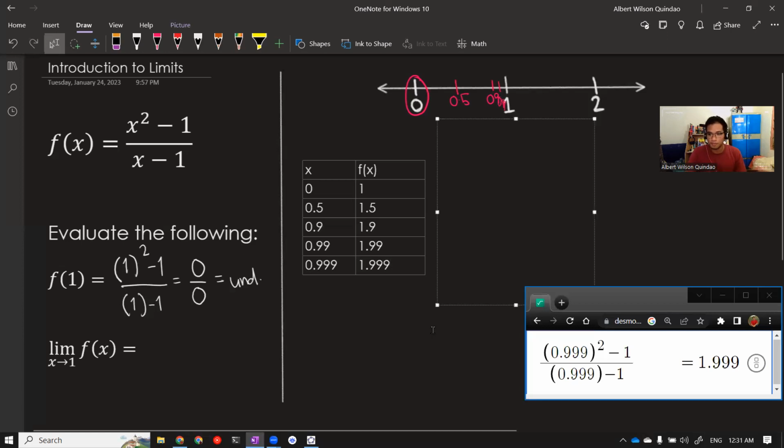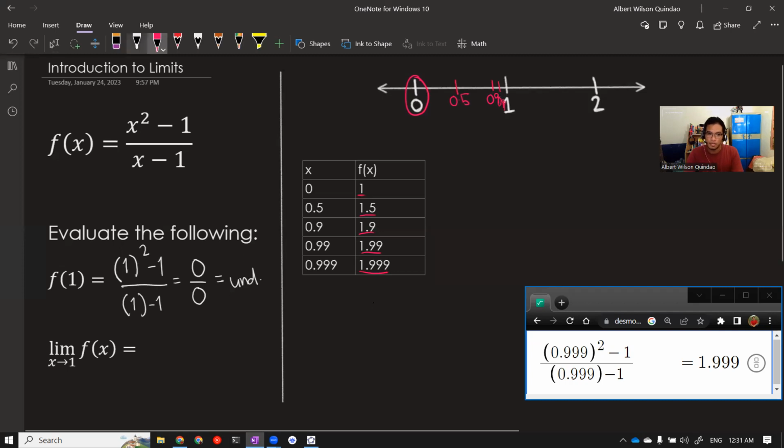Okay? So anong point nung ginawa natin? So tingnan natin, no, yung x natin ay papalapit ng papalapit kay number 1, no? So tulad nung nakikita natin dito kay number line. Pero this time i-observe naman natin yung function value. So una, nagsimula tayo kay number 1, tapos naging 1.5, then naging 1.9, naging 1.99, naging 1.999.